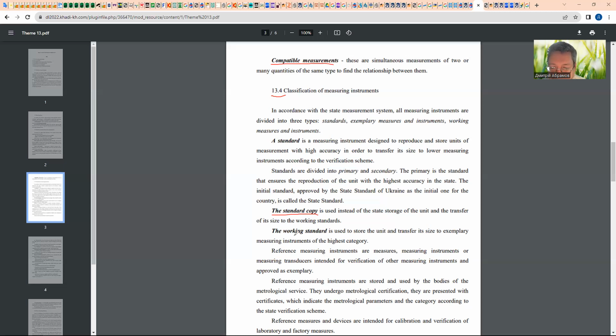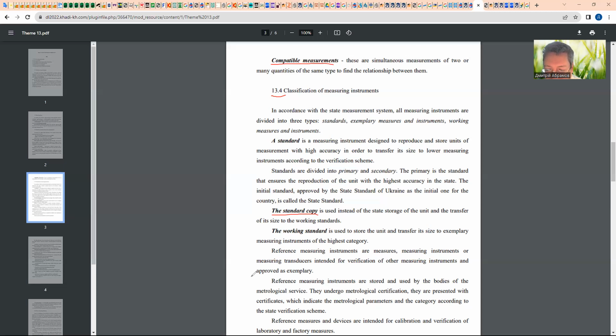Reference measuring instruments are measuring instruments or measuring transducers intended for verification of other measuring instruments and approved as exemplary. Reference measuring instruments are stored and used by the bodies of the metrological service. They undergo metrological certification.